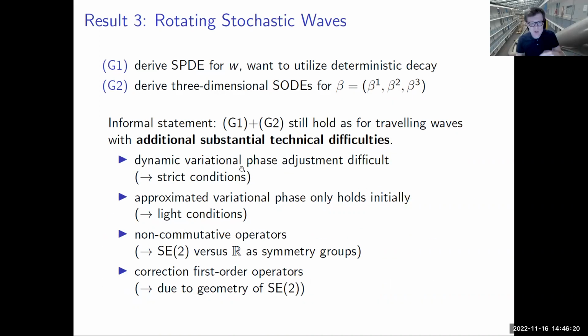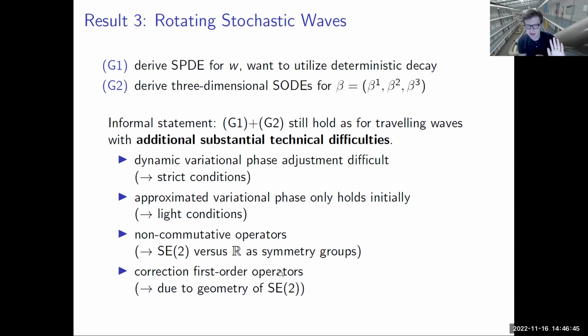Okay. So the additional technical difficulties, we had really quite a lot of trouble adjusting these phase conditions. So we tried to define various types of ways of getting the phase right. One was more a dynamic variational phase where we adjusted the phase condition, this relaxation condition of the optimization problem, as we were moving in time.